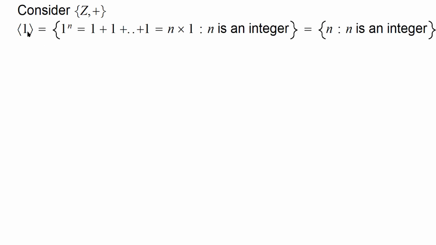If we look at the powers of 1, for addition, 1 to the power n is 1 plus 1, just add 1 to itself n times, and that will be n, where n is of course an integer.